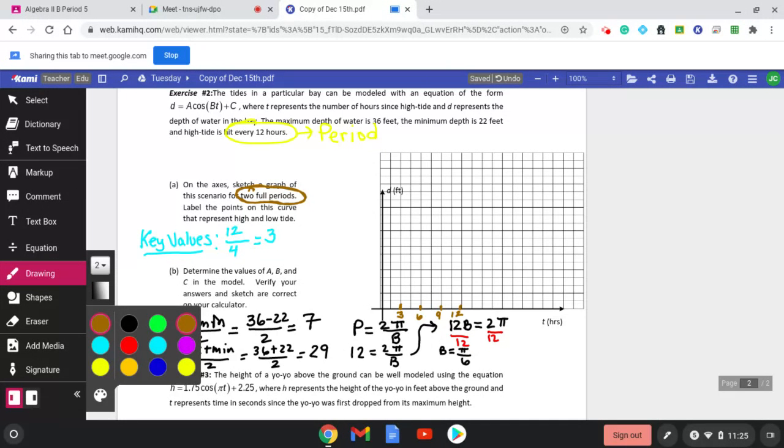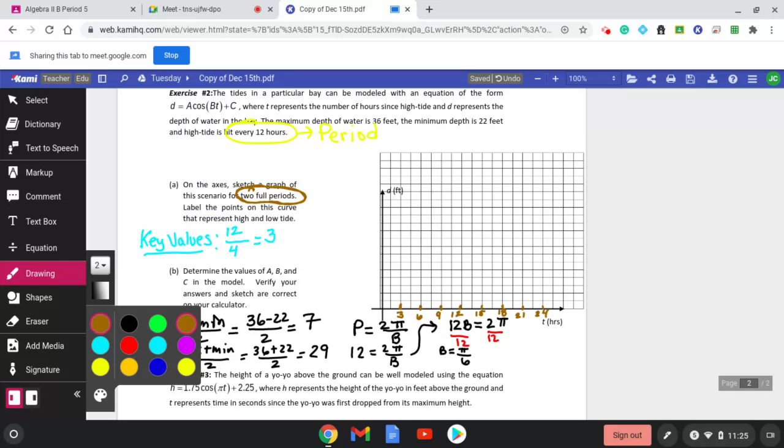So I got to keep going. 15, 18, 21, and 24. Any issues with my x-axis? Because I'm going to turn to somebody now to help me out with the y's.